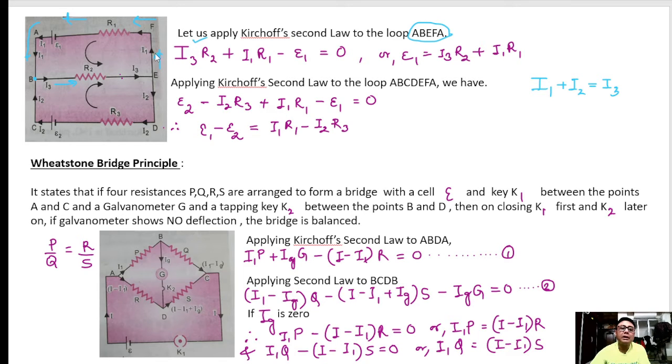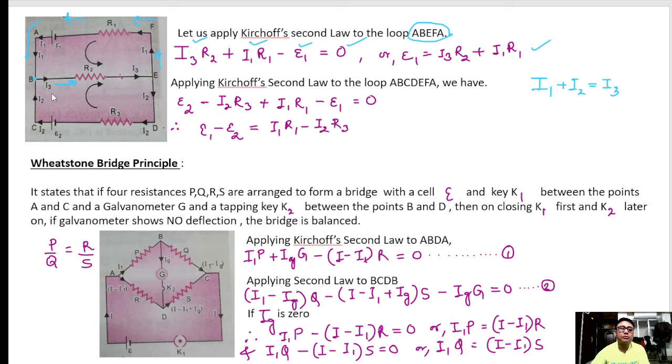Now we are going through I1, in the direction of the current, so this is also plus. And now we are going from the negative terminal to the positive terminal, which I told you is taken as negative potential, so this is minus E1, and we have completed the loop, which is 0. So from here we get one relation.